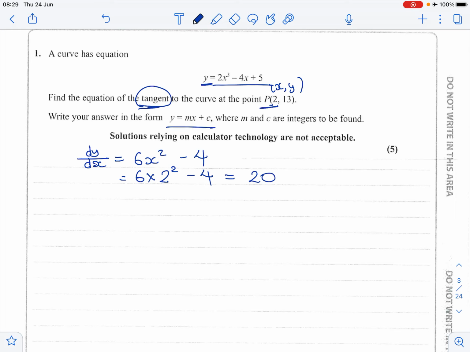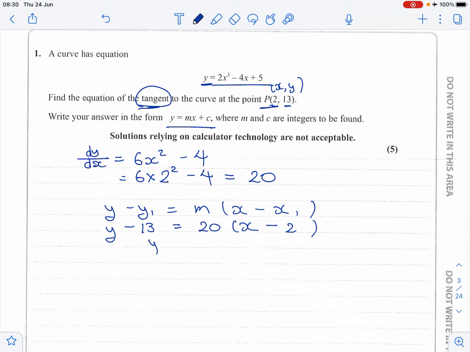To find the equation of the tangent, we use the formula y minus y1 equals m times (x minus x1). So y minus 13, your point, equals m, your gradient 20, times x minus x1, which is 2.